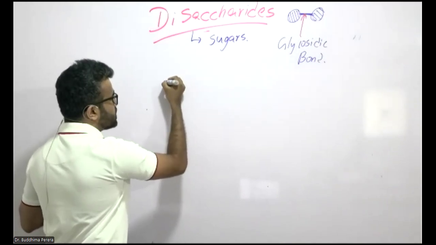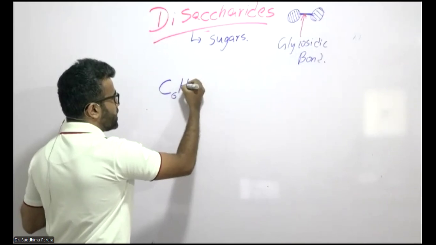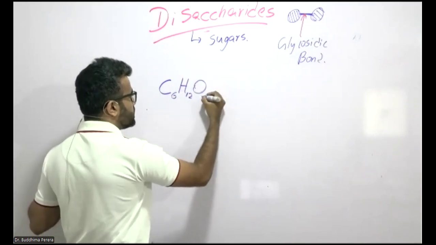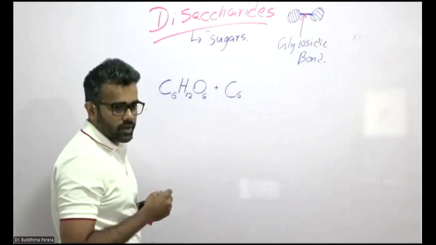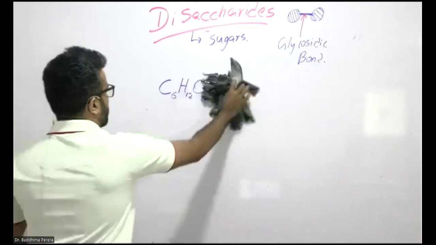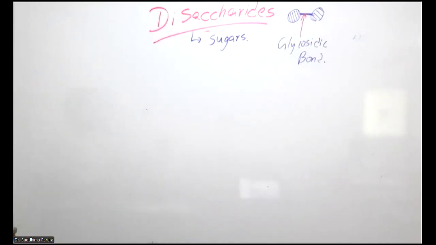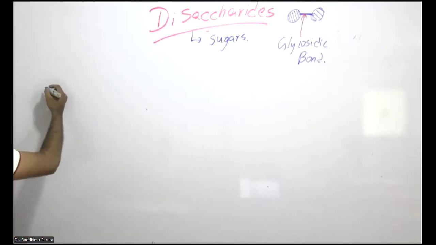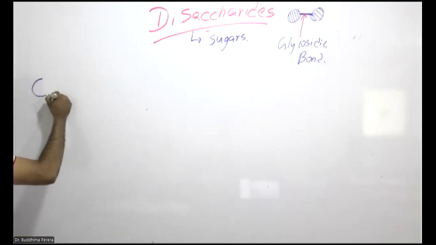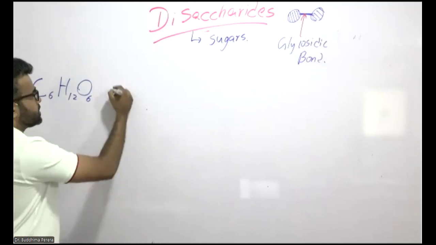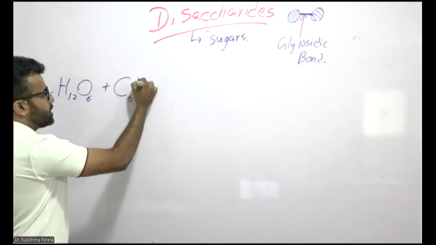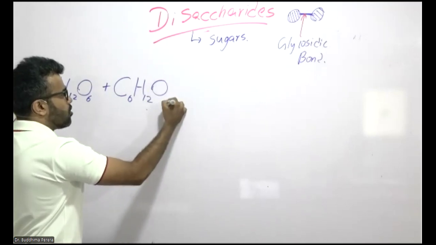Two hexoses means C6H12O6 plus another C6H12O6.